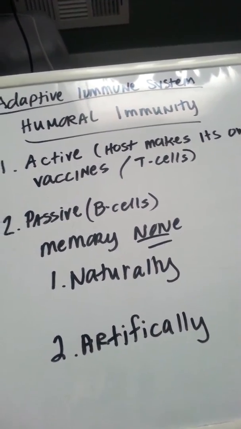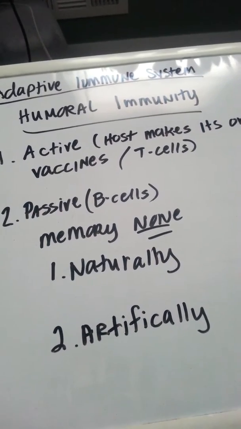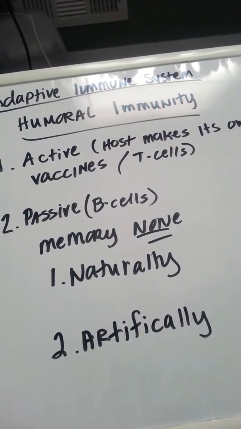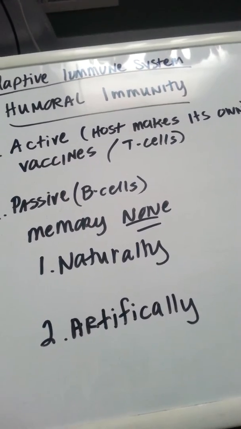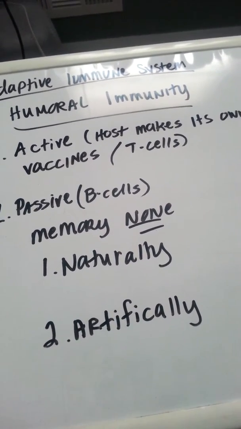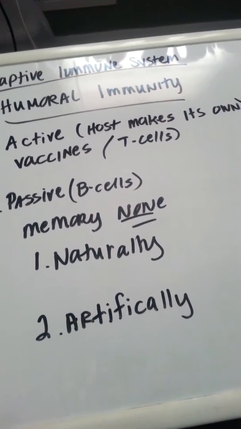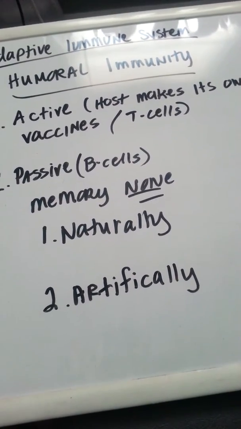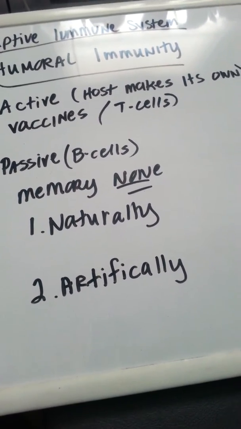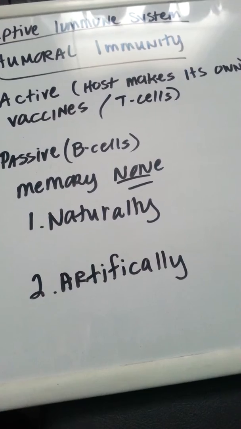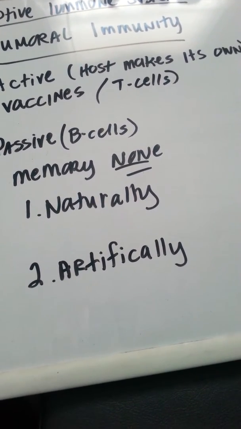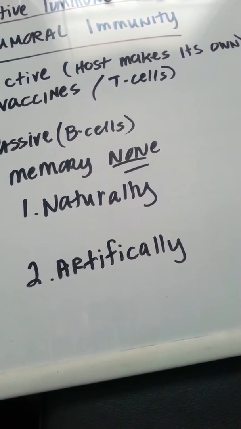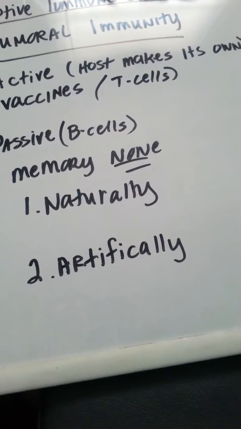Naturally acquired: antibodies are delivered to a fetus via the placenta or to an infant through breast milk. The host makes its own, basically, for naturally. Artificially acquired is injection of serum, such as gamma globulin. Protection is immediate but ends when antibodies naturally degrade in the body.